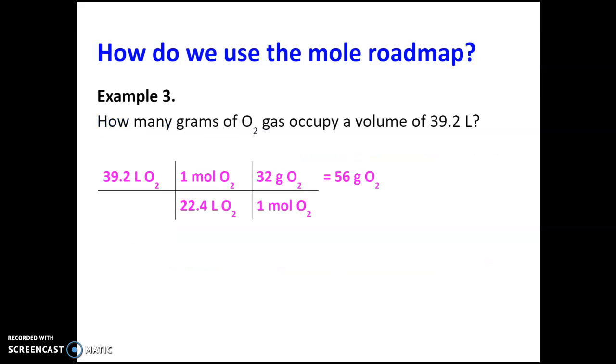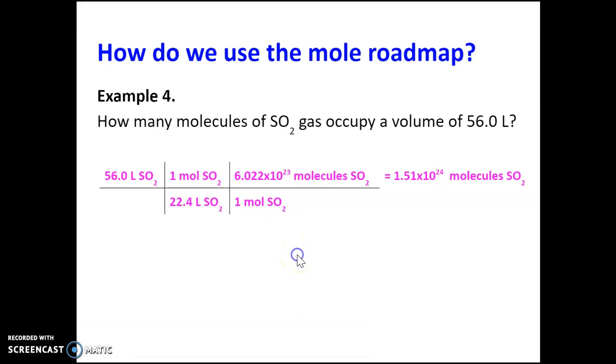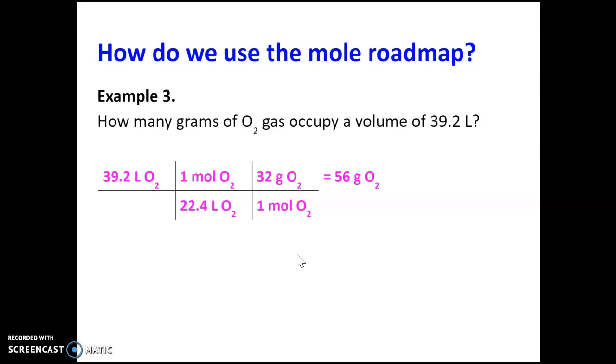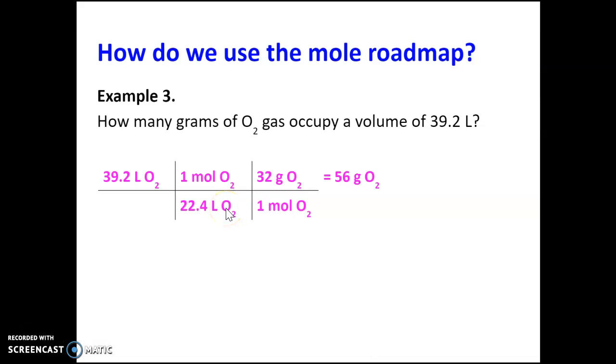Here is example 3. How many grams of oxygen gas occupy a volume of 39.2 liters? I start with what I'm given. Oops. Just a second. Sorry about that, guys. There we go. 39.2 liters. I use my molar volume constant.